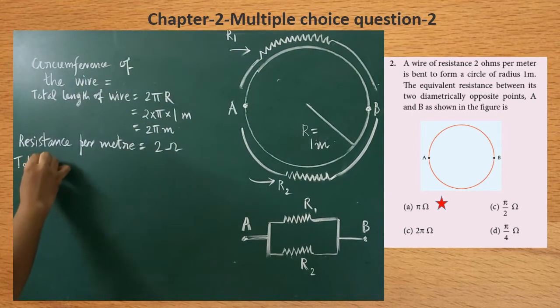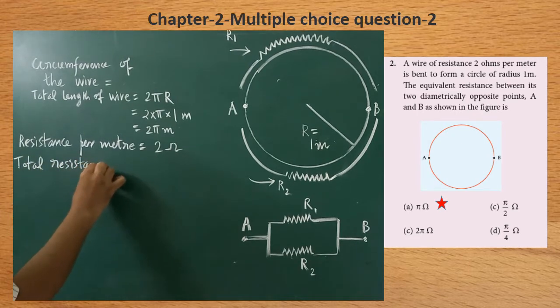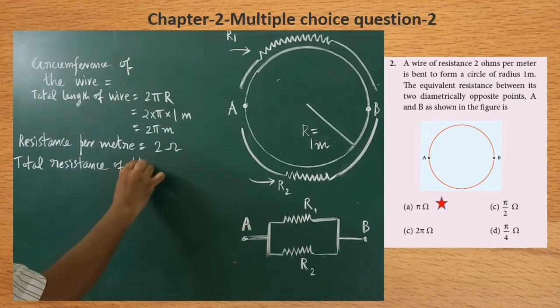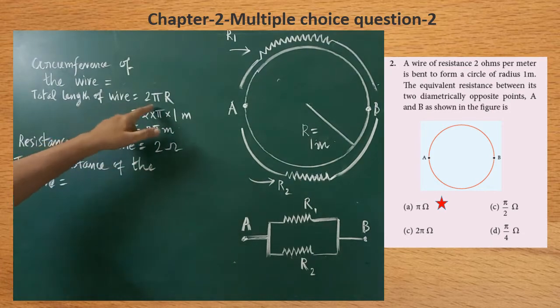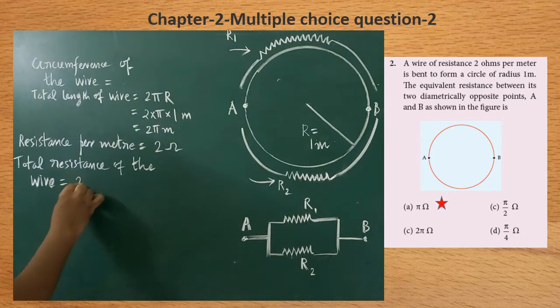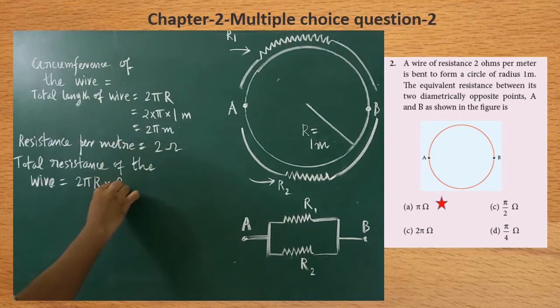What will be the total resistance of the wire? How to calculate? We have to consider the total length of the wire, and that is to be multiplied with which one? The resistance per meter, 2 ohm.